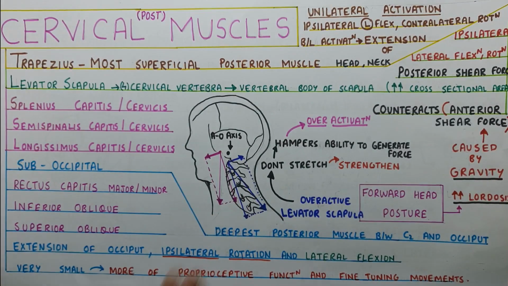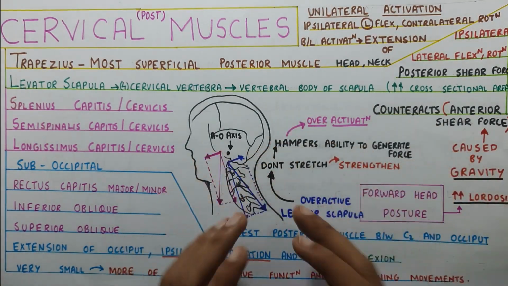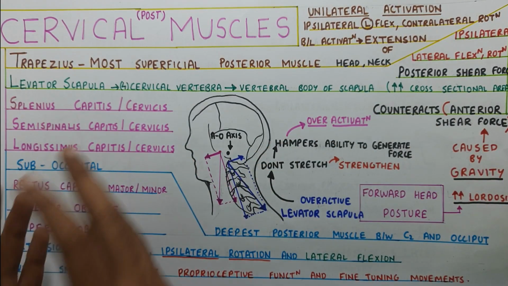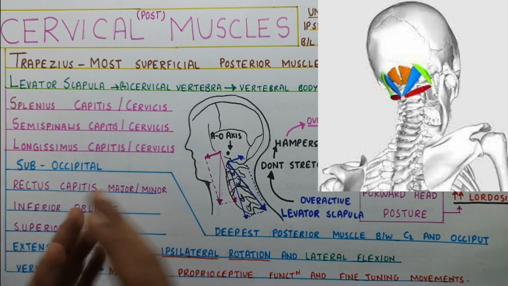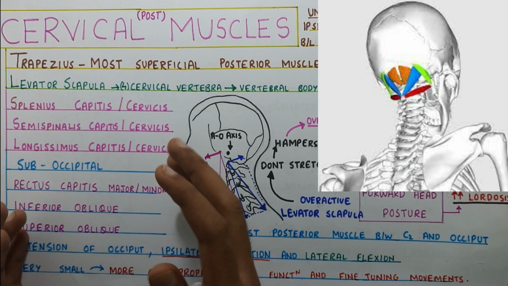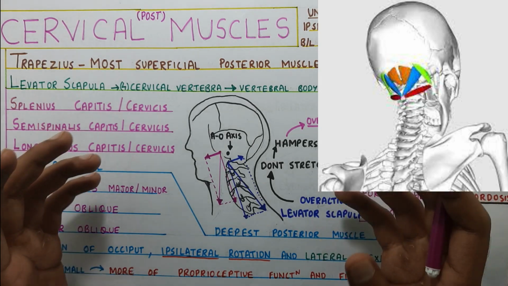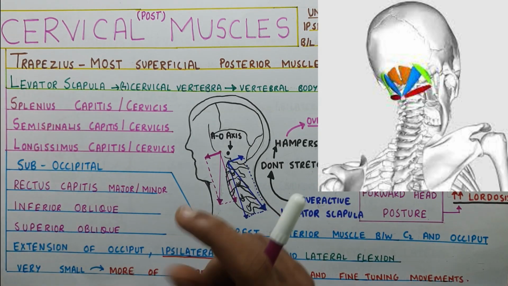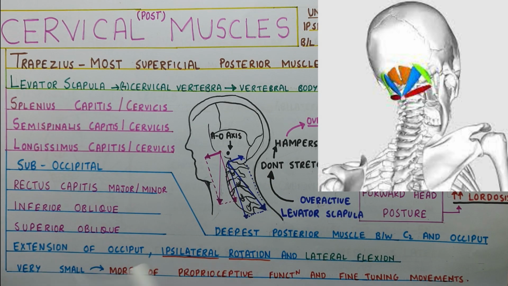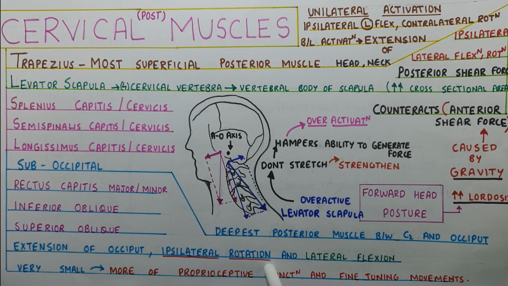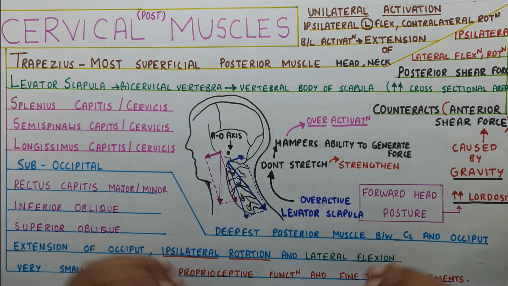So now that the concept of levator scapulae is clear, let's move ahead and look at the suboccipital muscles. Basically what you need to know about these muscles is they are very small, okay? They have more of a proprioceptive function and fine tuning of the muscles rather than generating large amounts of force, because they are very small. They have other functions like ipsilateral rotation and lateral flexion, but that is not that important.